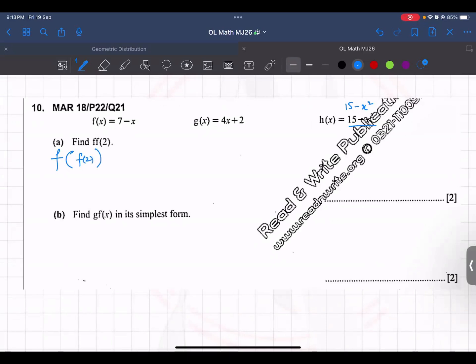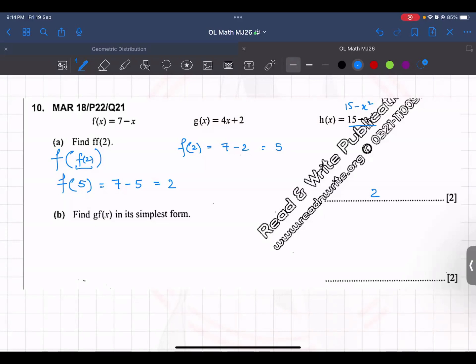First of all, if you find f2 separately, that would be equal to 7 minus 2, which is equal to 5. So now you have the value for f2, which is 5. So this would become f5. And then f5 would be 7 minus 5, which would be equal to 2. That's it. So you found f2.